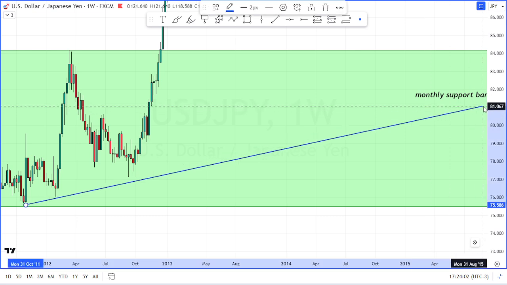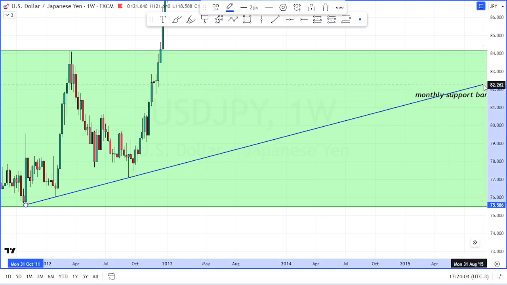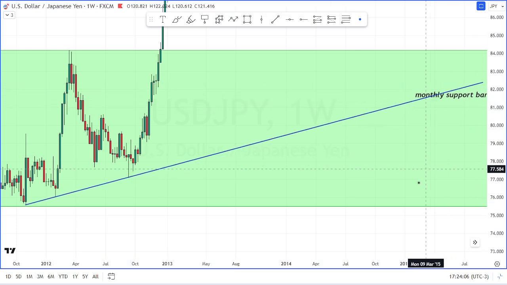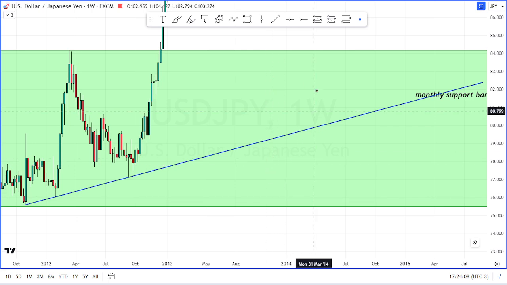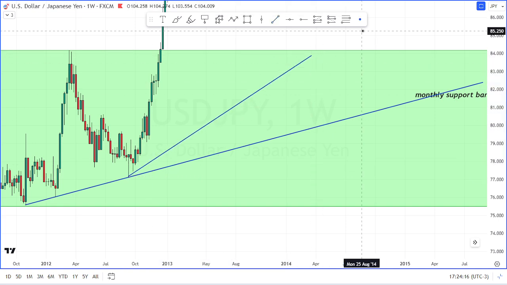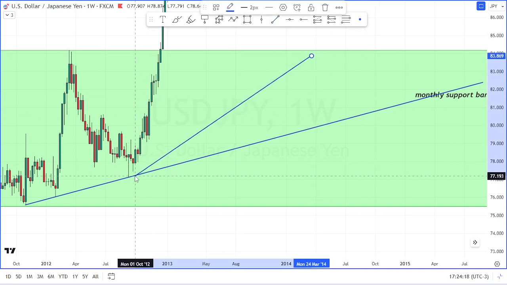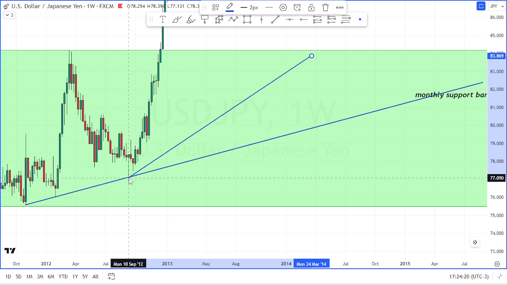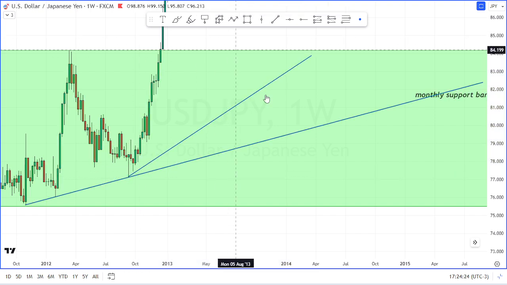So I have to start from all the way that area. I have to make sure that I draw that trend line very well. I'm not using the magnets.